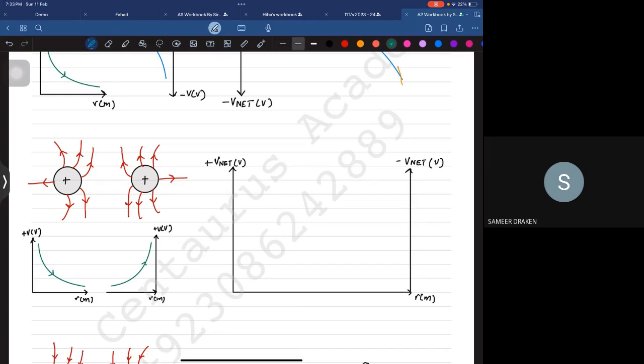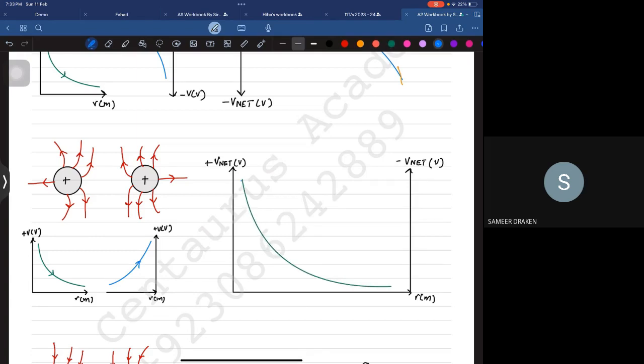Because of this, the potential then, let me draw it with a different color so I can show you. The green line, or the first one, goes like that.